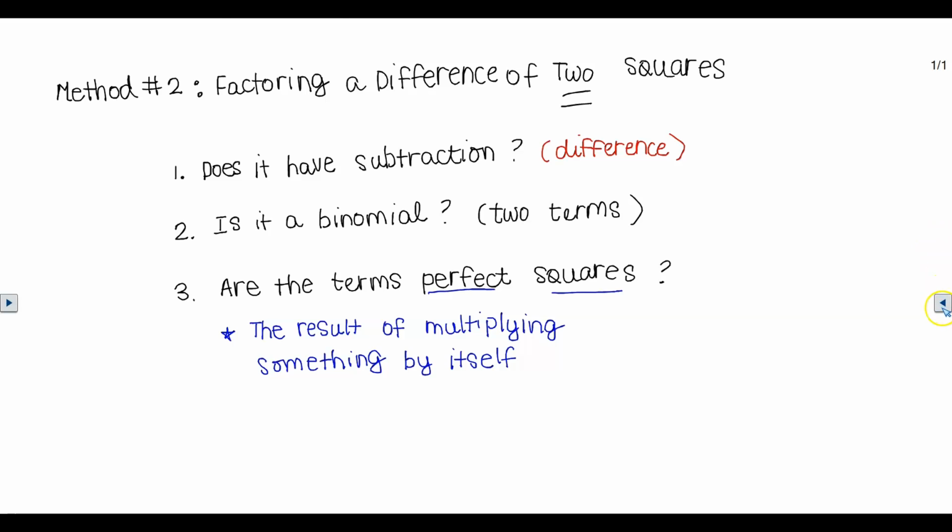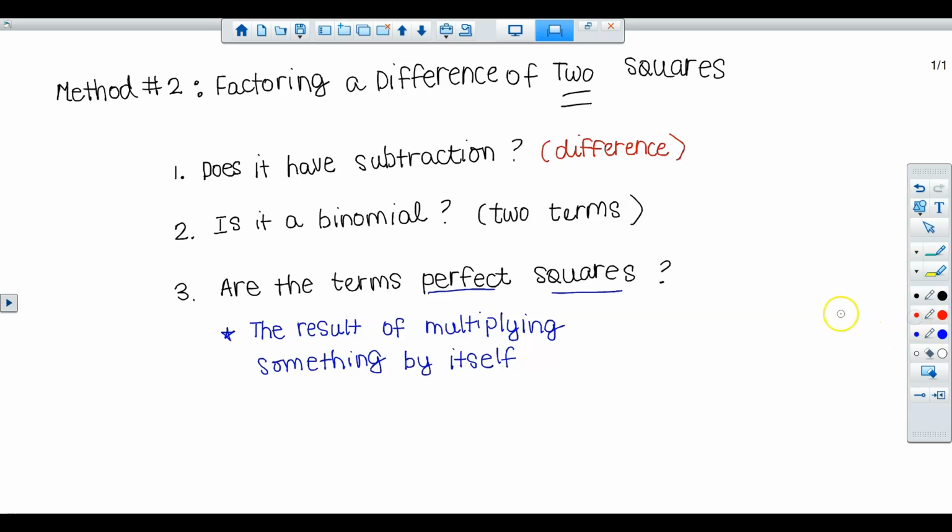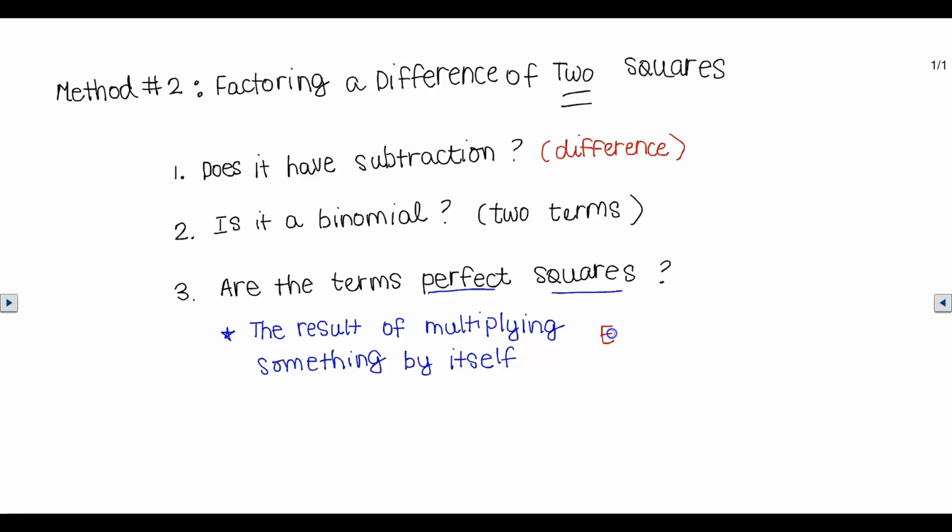So for example here, 25 would be a perfect square because it is the result of multiplying 5 times 5, multiplying 5 times itself.